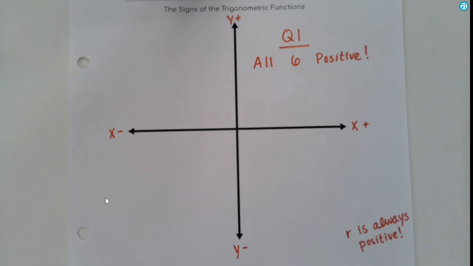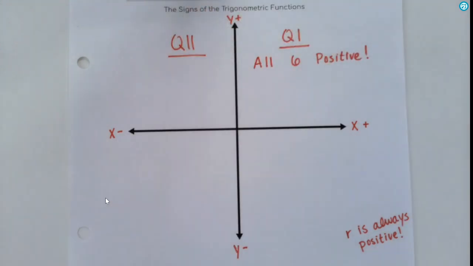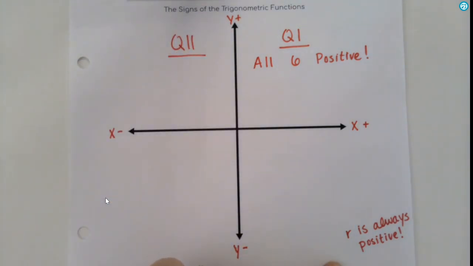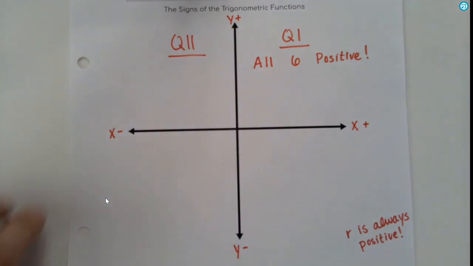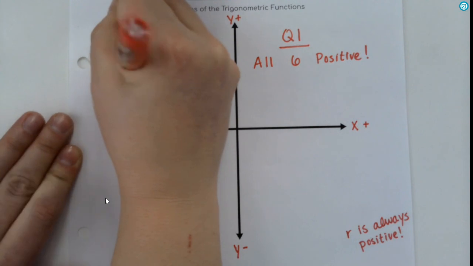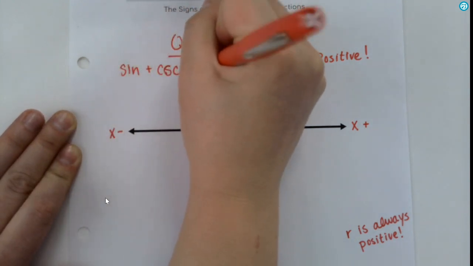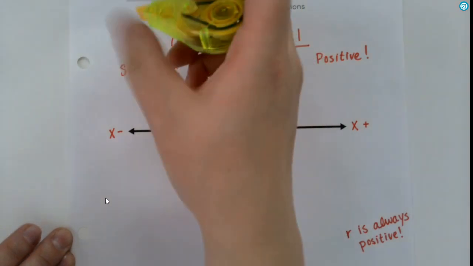In quadrant 2, our sine function is going to be y over r. So sine is going to be positive, and then also cosecant is positive. So I'm going to write down sine and cosecant, positive. I spelled cosecant wrong, so let me fix that.